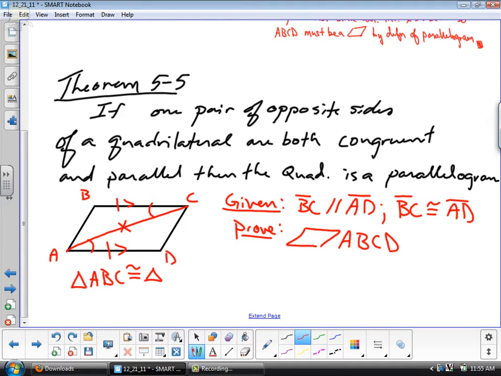Since I went A, B, C, I would have to start with CDA. CDA. By side. This would mean that segment AB must be congruent to segment CD because they're corresponding parts of congruent triangles.